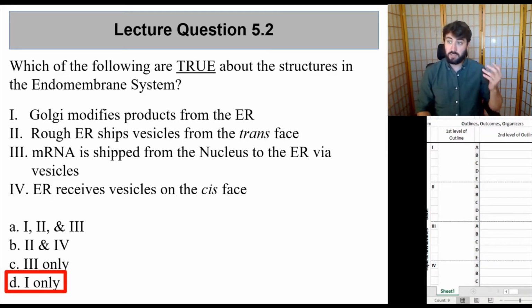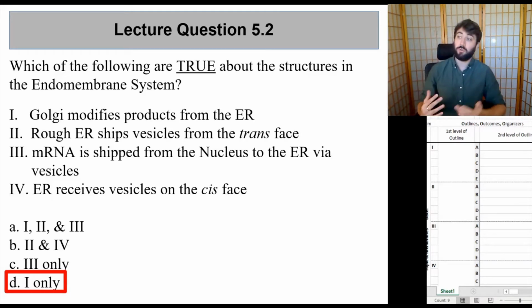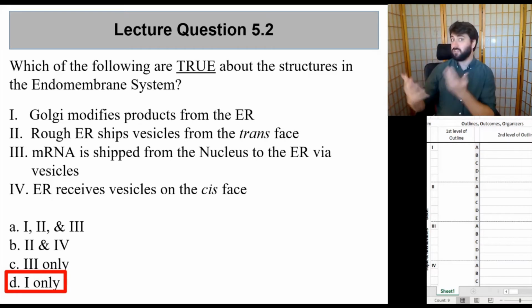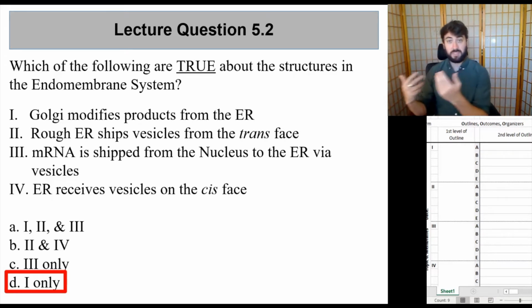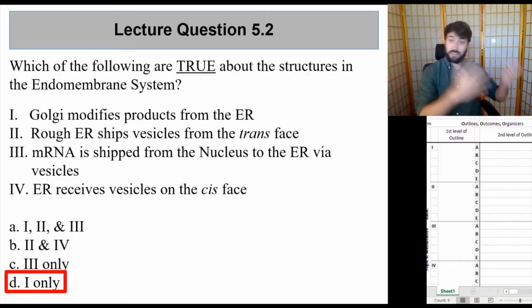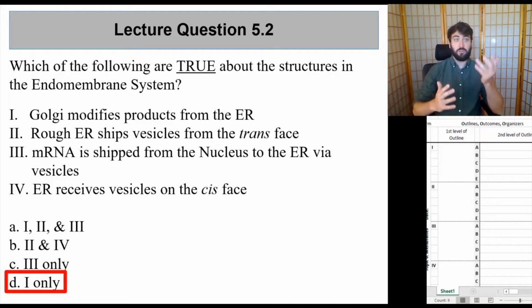So it's up to you most of the time to ask, why aren't the other ones right? Can I figure it out based on my notes? If I can't, does maybe one of my friends know? That's also a great option. And if they don't know, maybe I can ask in the discussion forums on Sakai. Okay, that's all I have to say about lecture question 5.2 and lecture questions in general for now.